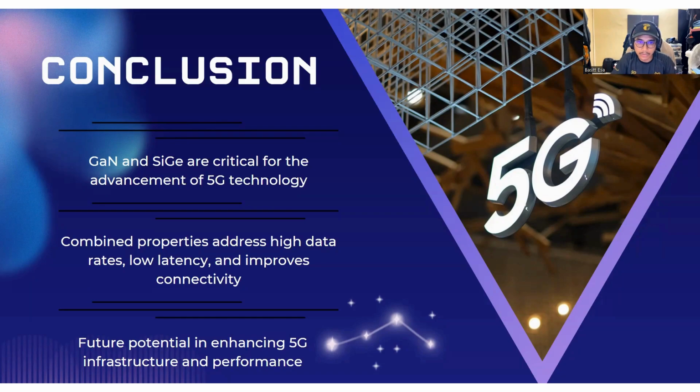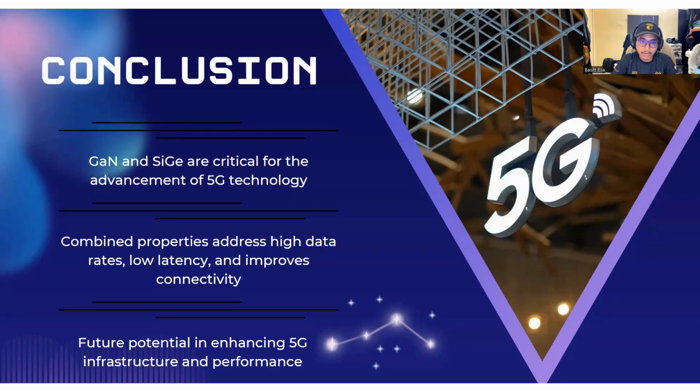And lastly, for the conclusion, the advancement of 5G technology critically depends on material used in the infrastructure. Critical enabling materials include gallium nitride and silicon germanium. GaN has a very high thermal conductivity, high power density, and superb electron mobility, which are critical for the high frequency, high power requirements of 5G networks.